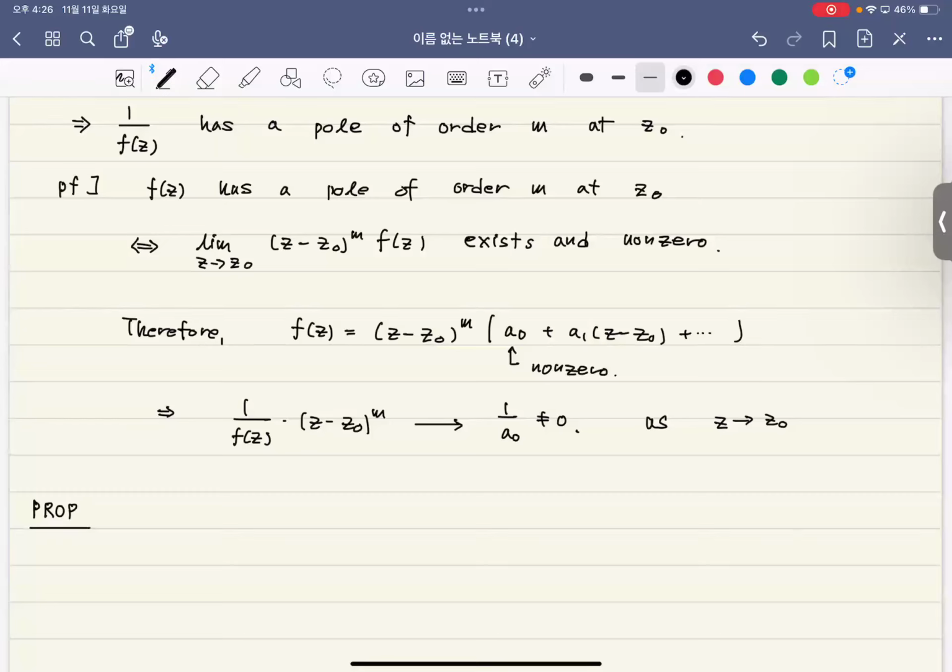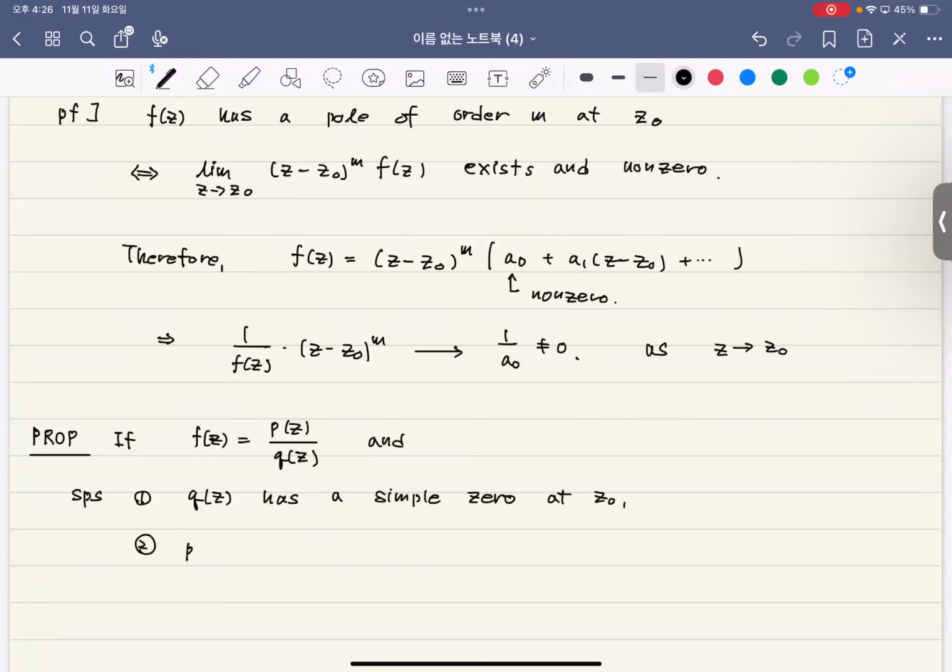Another proposition. I have a function f defined by the quotient of two functions p and q, and we suppose that q has a simple zero at this point, and p of z0 is non-zero.